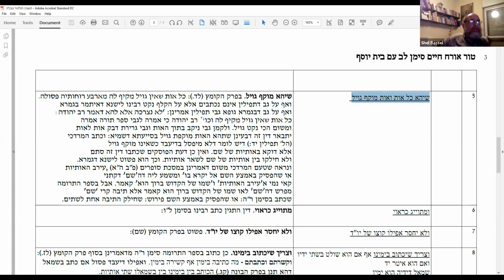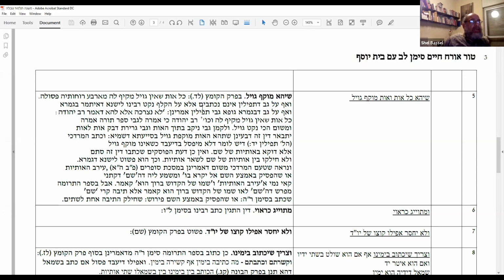Shehei mukaf gvil, the Beit Yosef quotes the Gemara again from Perek HaKometz in Menachot. Kol ot she'ein gvil makif la me'arba ruchotea psula. Any letter that is not surrounded in all four directions by gvil is pasul.